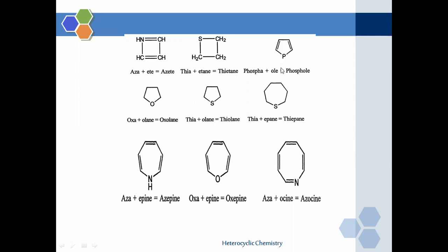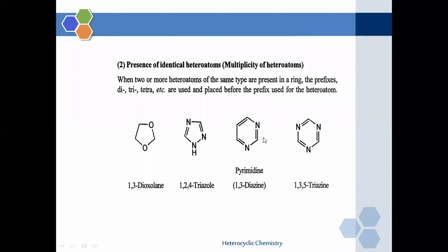So which prefix we are going to use or which stem we are going to use? Phosphole. The a will disappear and the name of the compound is phosphole. So likewise, you are going to give the name to the compound. This is about rule number 1, as it is prefix plus stem.